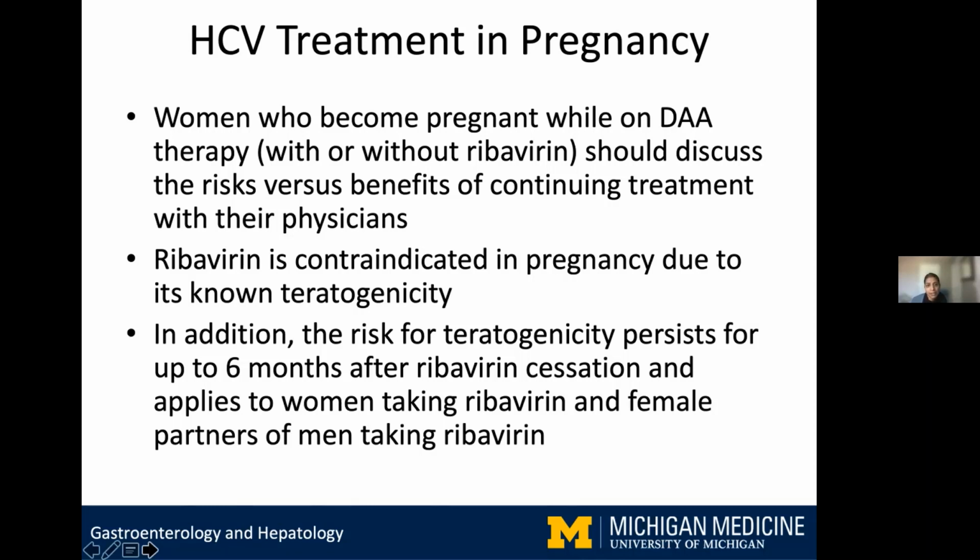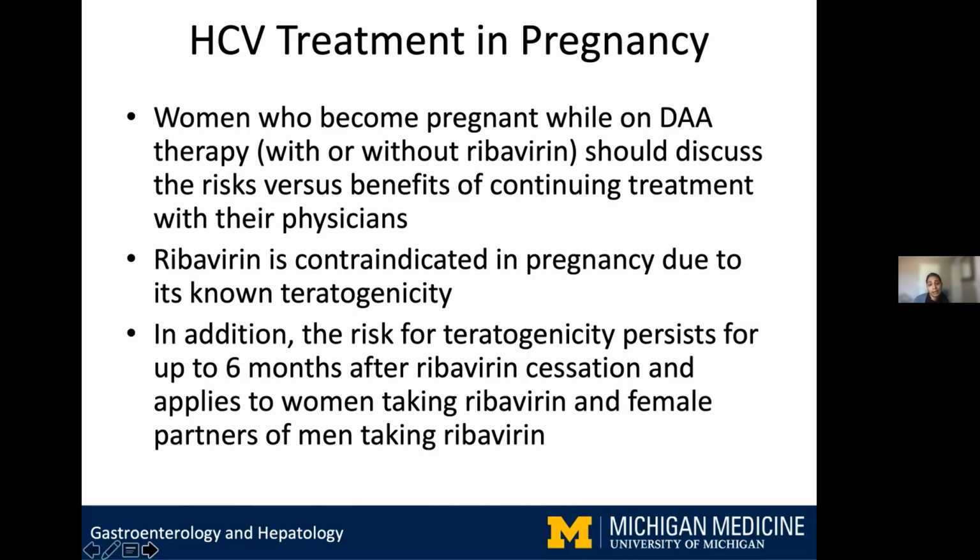Ribavirin is not commonly used in the regimens we're giving patients, but there are some patients who are getting it if they've been treatment experienced and also might have more advanced liver disease. And this is a pregnancy class X drug, and it is strongly contraindicated in pregnancy because it is known to be teratogenic to babies. And the risk for teratogenicity persists for up to 6 months after ribavirin is stopped.